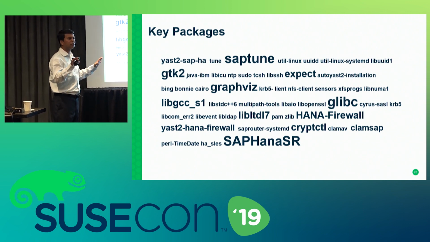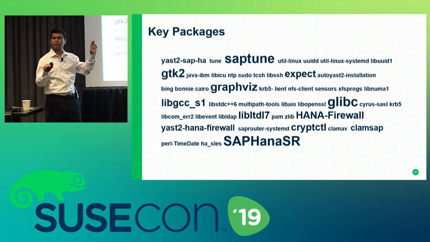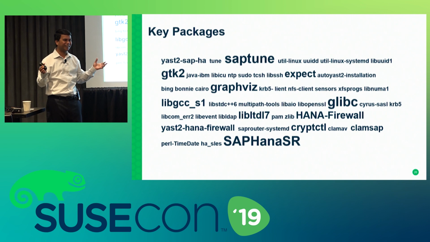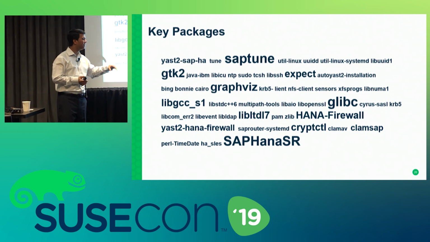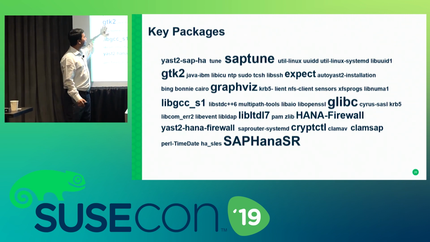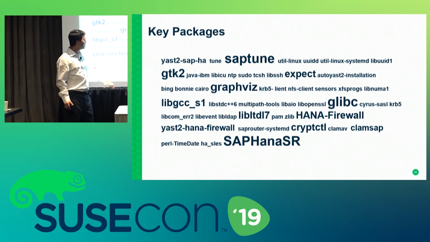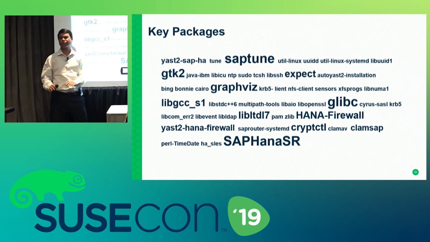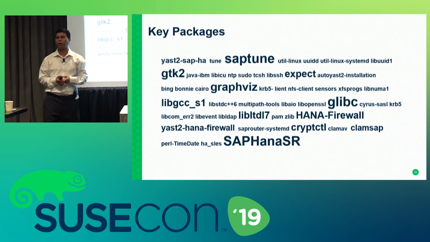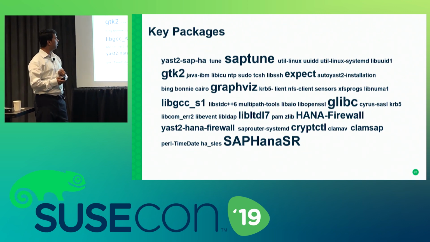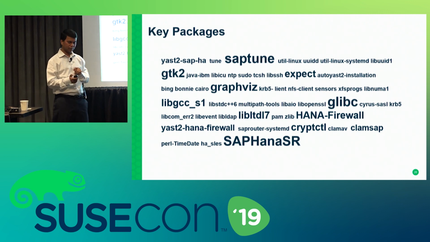There is no specific meaning to why a package looks big or small; it's just for looking nice or fancy. All are probably the same. But to mention a few, for example, GTK is for your graphical perspective, and HANA SR is to support your HANA system replication. So you want to review them and include the specific version of the package there.